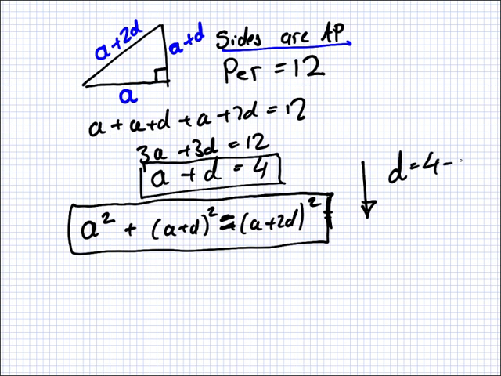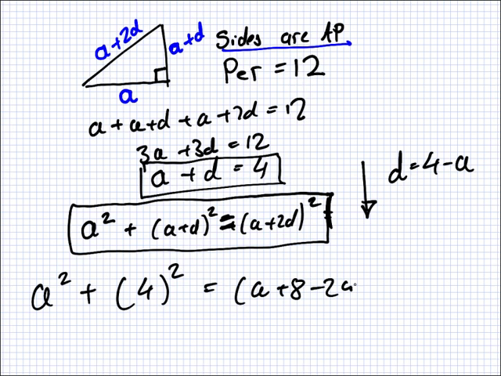I think it might be D equals 4 minus A. So then I get A squared plus 4, oh, yeah, just 4 squared, 16. Yeah, 16. And then that would be A plus 2D, or that would be plus 8 minus 2A squared. So that would be A squared plus 16 equals, is that minus A plus 8?